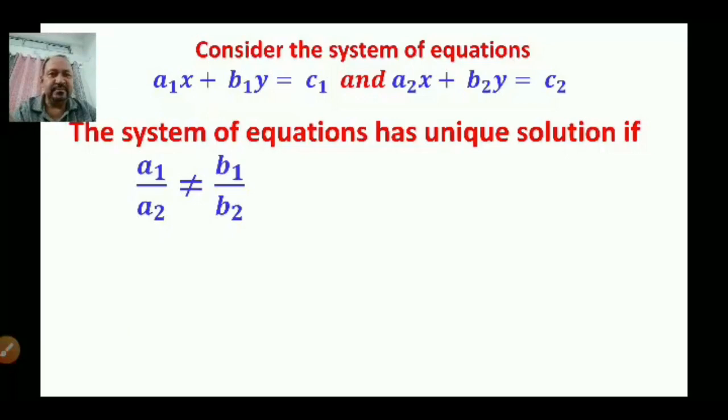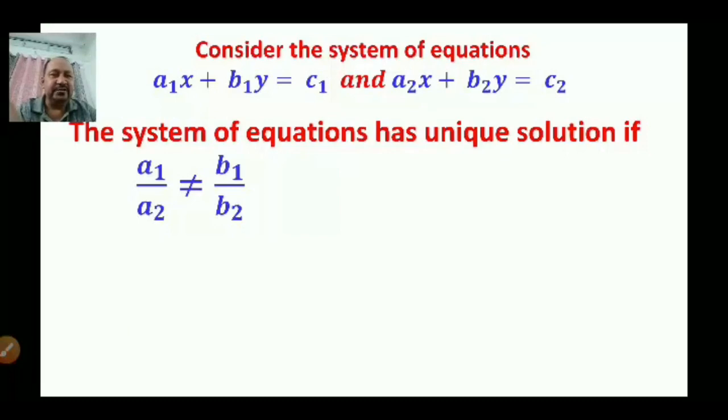Please recall, you have also learnt these system of equations conditions in class 10th mathematics. There were three conditions. In the first condition, if a1 upon a2 is not equal to b1 upon b2, then the system of equations has a unique solution.